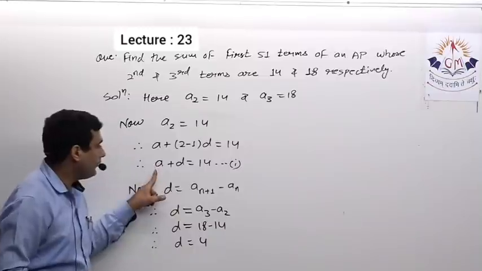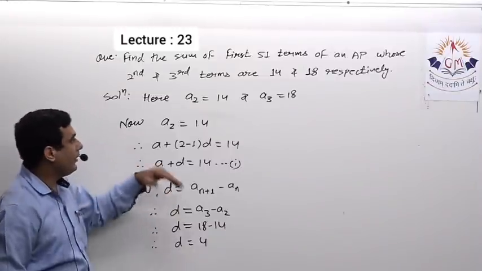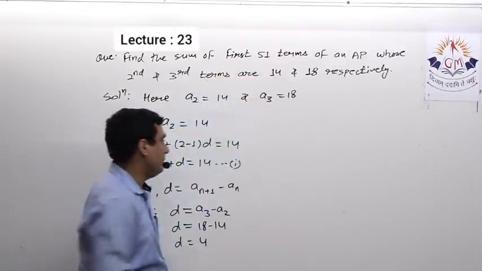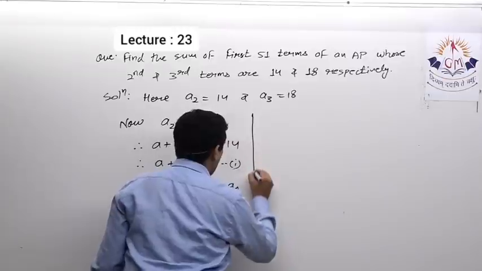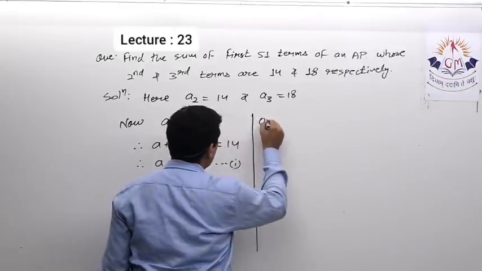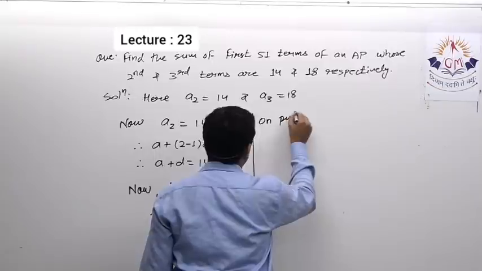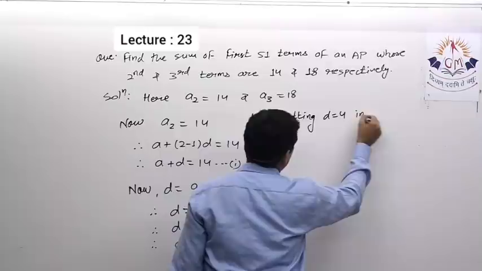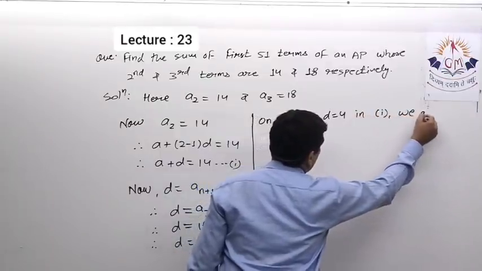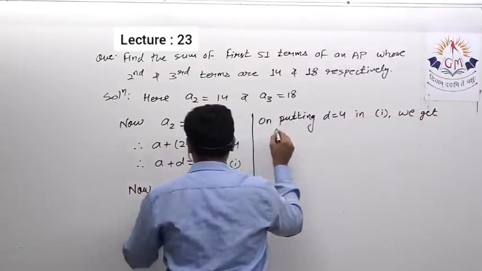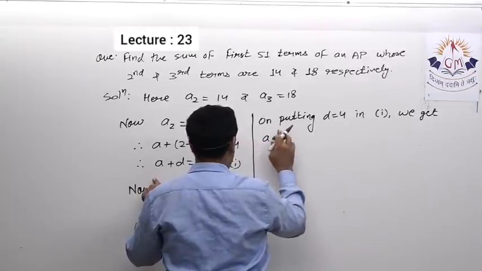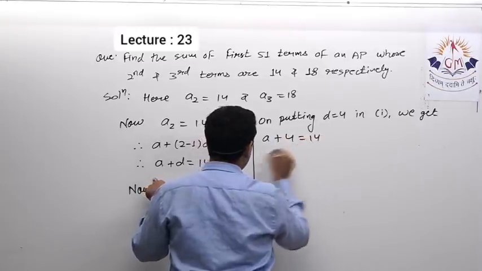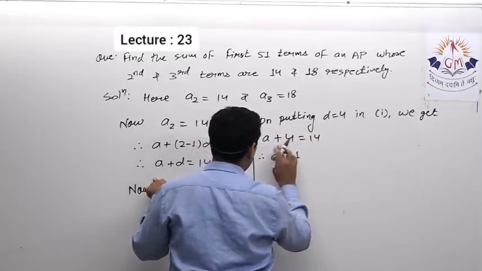Now if I put the value of d over here, I will get the value of a, and after getting a and d, it is very easy to get the value of sum of first 51 terms. So now on putting d equal to 4 in the first, we get a plus 4 is equal to 14, therefore a is equal to 10.